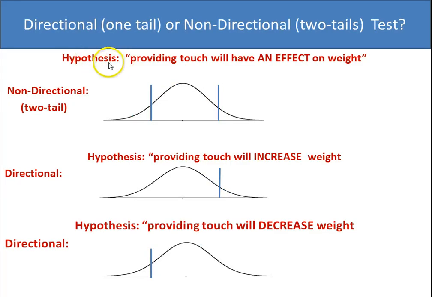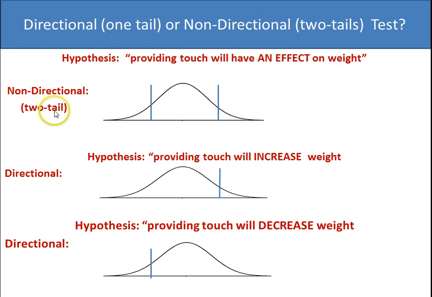So the hypothesis in a very simple form can be written as providing touch will have an effect on weight. Notice that the researcher is not predicting whether weight will increase or decrease, but simply that providing touch will have an effect on weight. When that's the case, we would call that hypothesis non-directional, and we would use what's called a two-tail test, which means that when we set our critical region, which I'll discuss a little later, we will be looking for an effect in both tails.